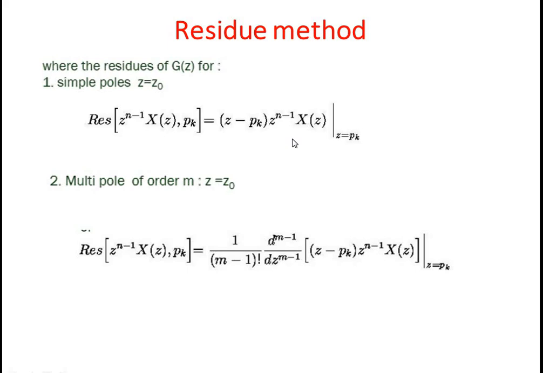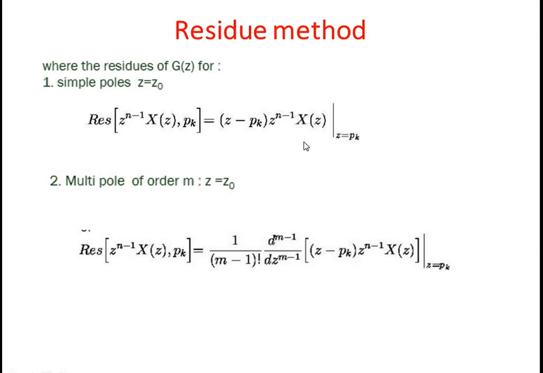In partial fraction we divided x of z by z, whereas in the residue method we are multiplying x of z by z power n minus 1. The rest of the formula is the same. For a single pole, in partial fraction the formula is x of z divided by z into the corresponding denominator with respect to that pole.